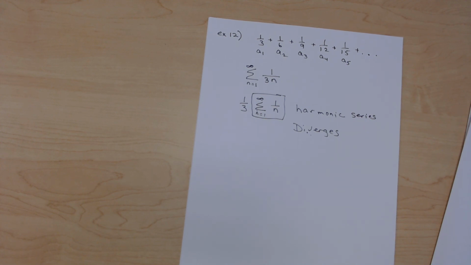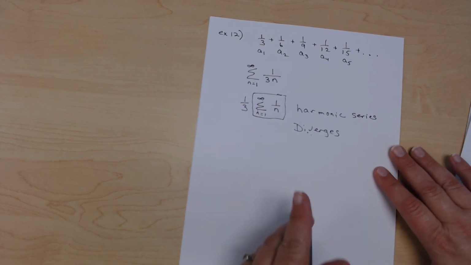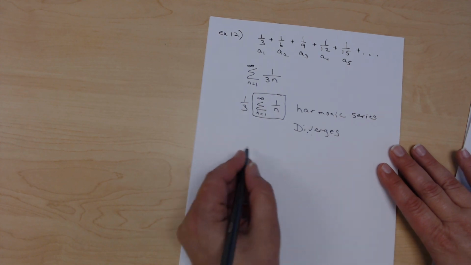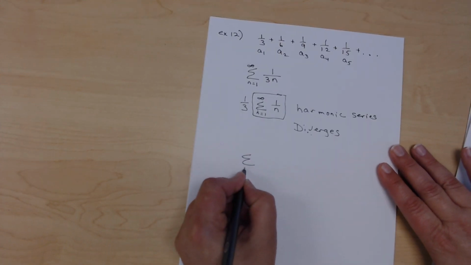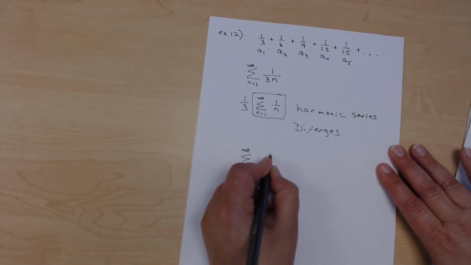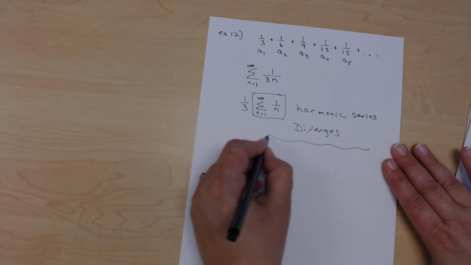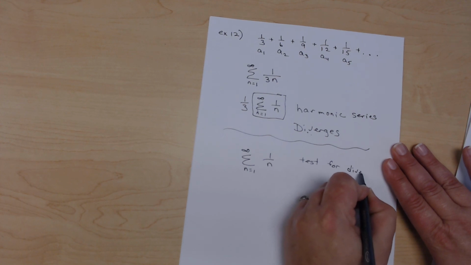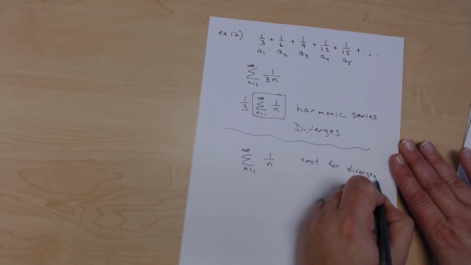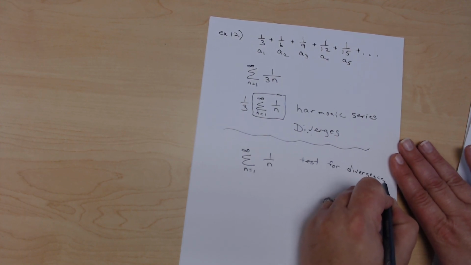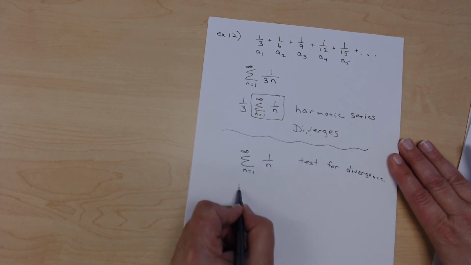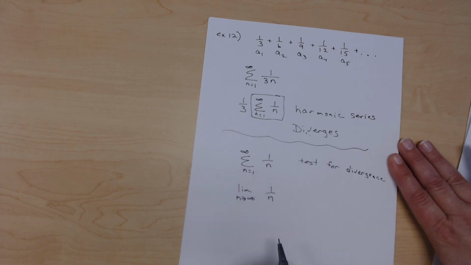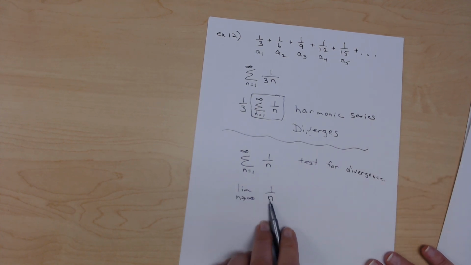Notice. Let's just talk about this. Do we have time? Yeah, let's talk. If you want to go to homework, that's fine. But what would happen if I said, hey, I want to use the test for divergence? The test for divergence says, okay, I'm going to do the limit as n approaches infinity, and I'm just going to look at this guy. But what happens when this gets bigger and bigger and bigger?